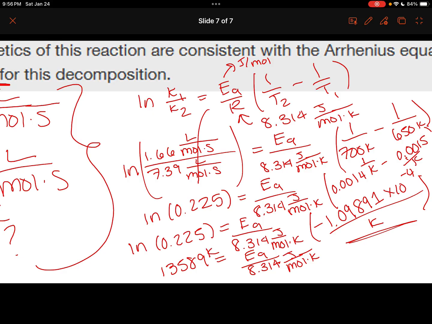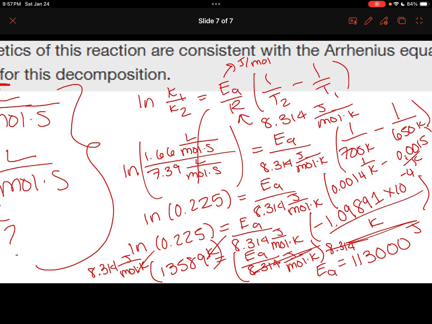So then now we're going to multiply both sides by the gas constant, joules per mole Kelvin. Kelvins are going to cancel, and so we're left with our activation energy is equal to 113,000 joules per mole.